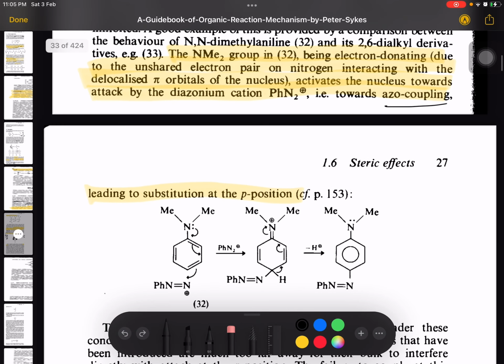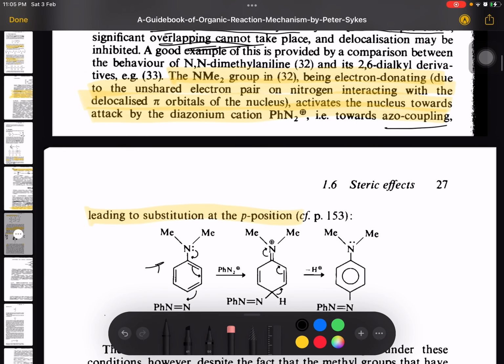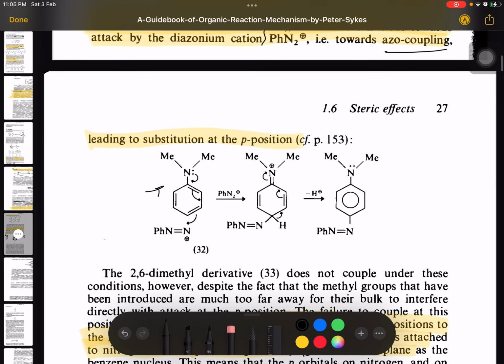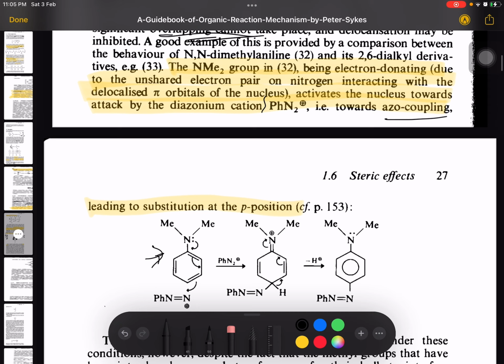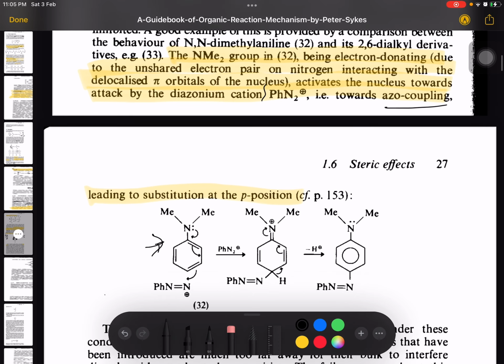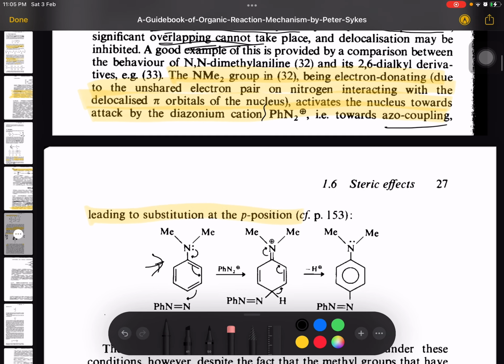Let's take an example of this. The NMe2 group in diagram 32, as you can see here, being an electron donating group as it has a lone pair, is resonating with the benzene ring.